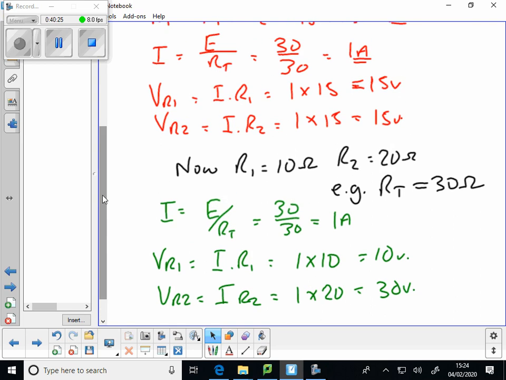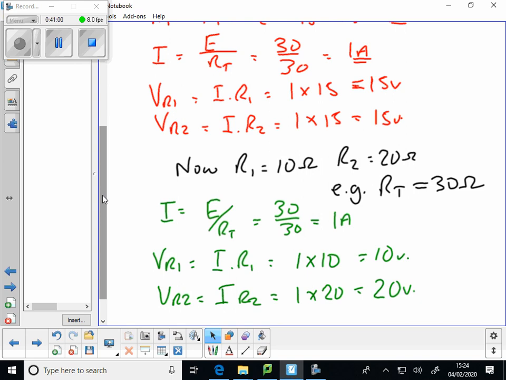The current is still an amp because we didn't change the voltage and the total resistance stayed the same. The two voltages are different, but they still add up to the applied voltage E.